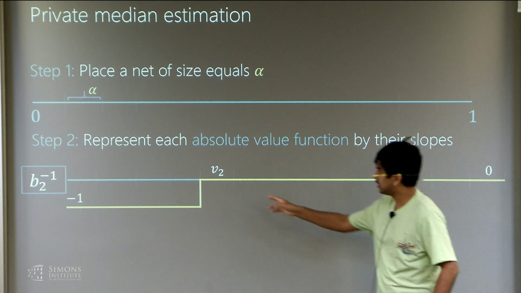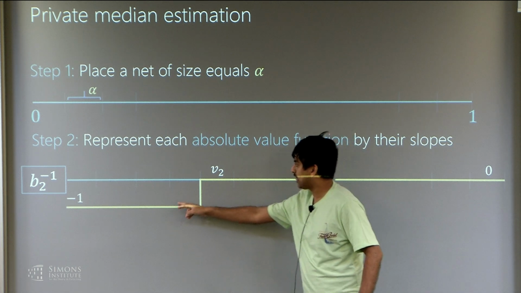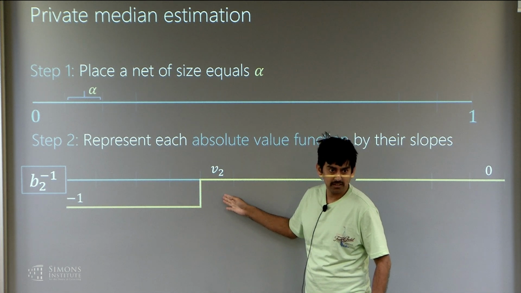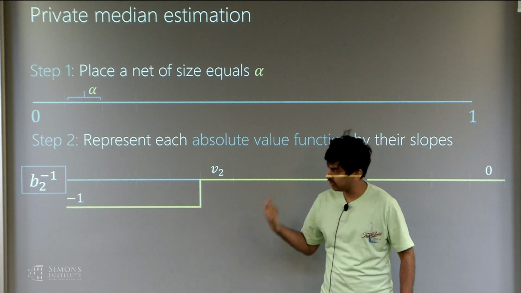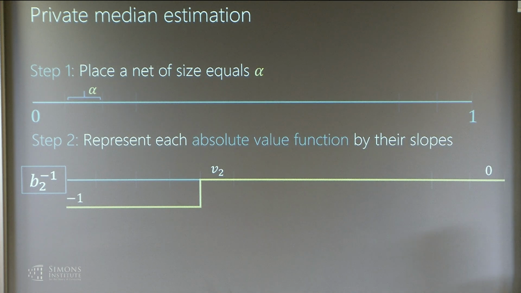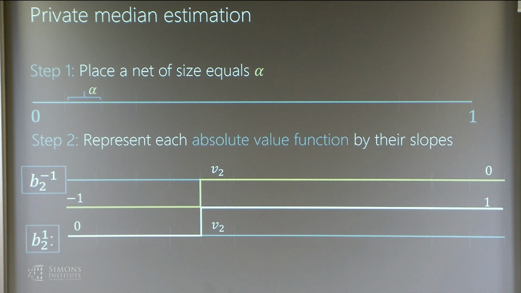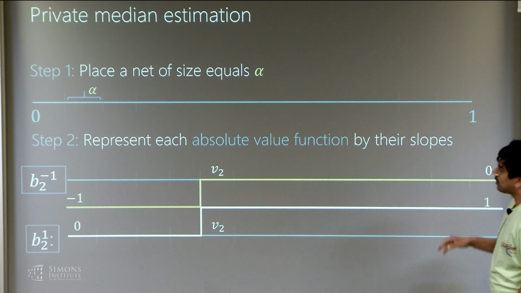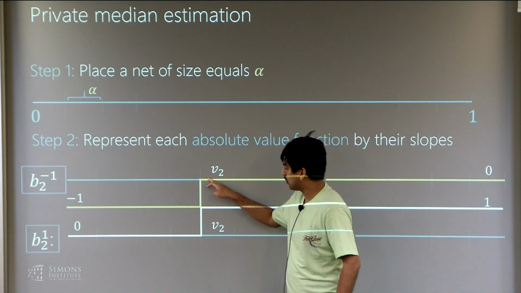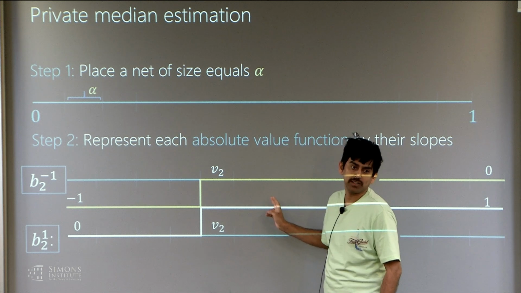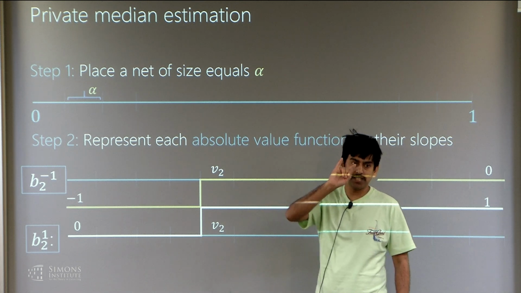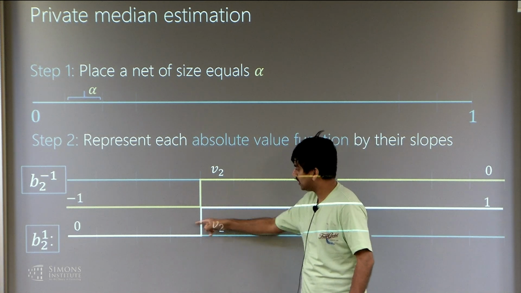The slope only translates from -1 to +1 at some point, for each absolute value function. So I'll break it up into two parts, where one part goes from -1 to 0, and another part goes from 0 to +1.